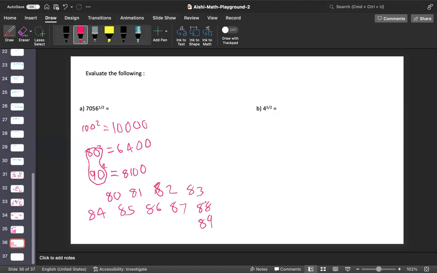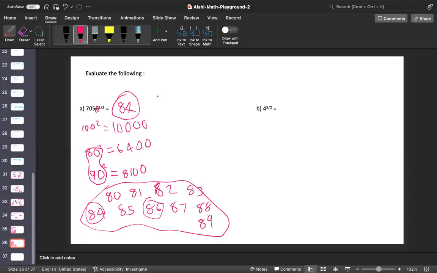Obviously, since we have 6 in the ones place, we need to find a number from all of these numbers that if you multiply the ones place, you get 6. So we only have 84 and 86 as options. And if you do calculate it, our answer would be 84.